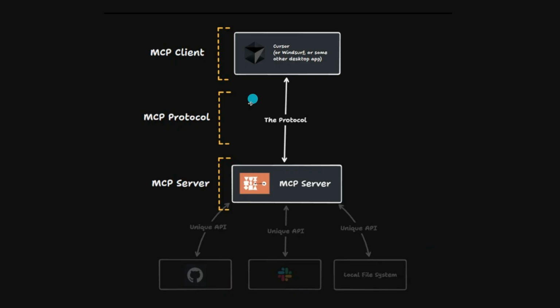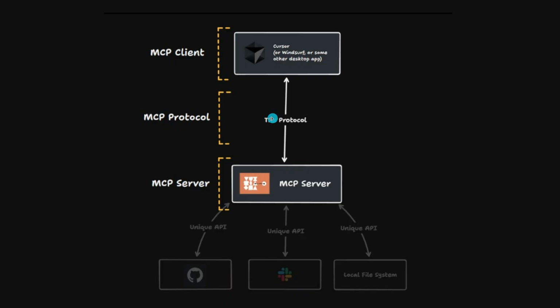Okay, and the final is the protocol, which is the MCP protocol, and this defines how all these components communicate. MCP is using the JSON RPC message types. And then they also have the lifecycle management, that is how the client and the server communicate: the initialization, the capability negotiation, as well as the session control happening between the client and the server.